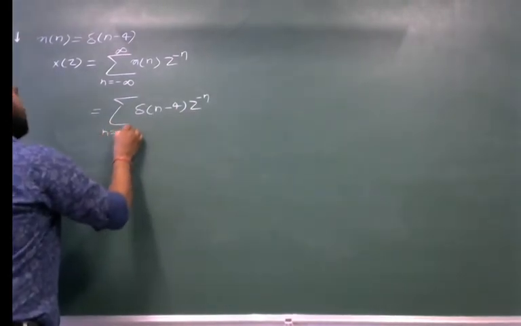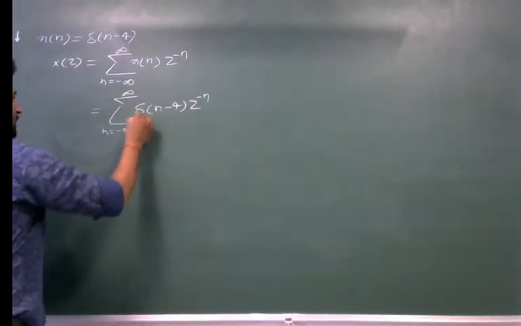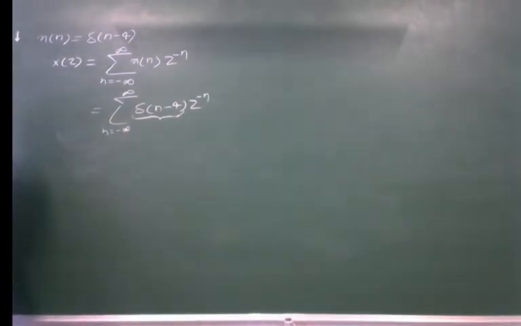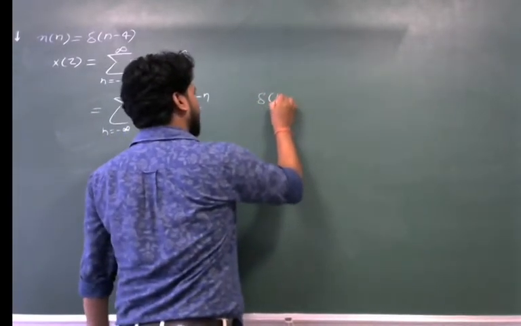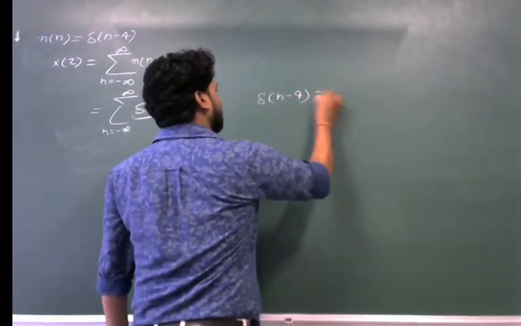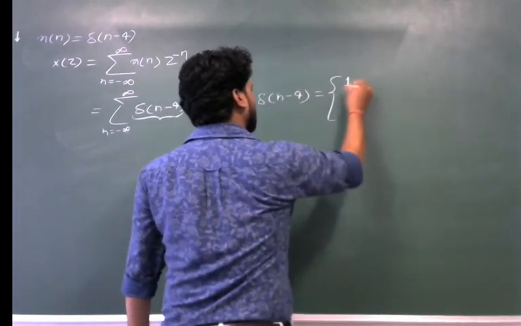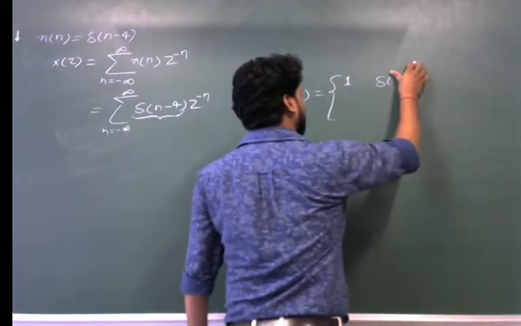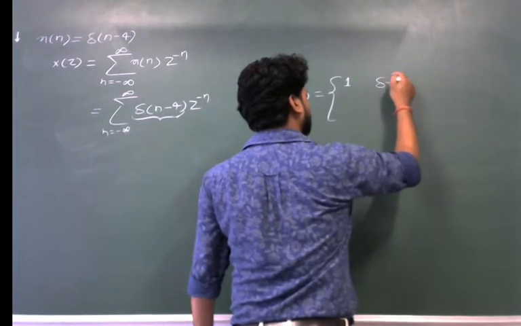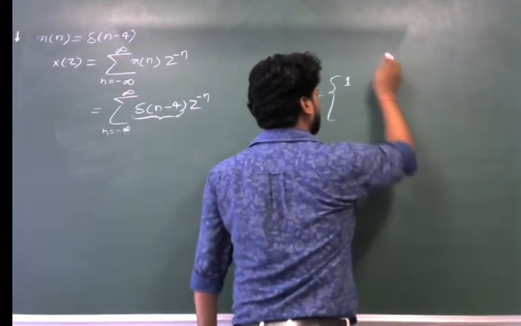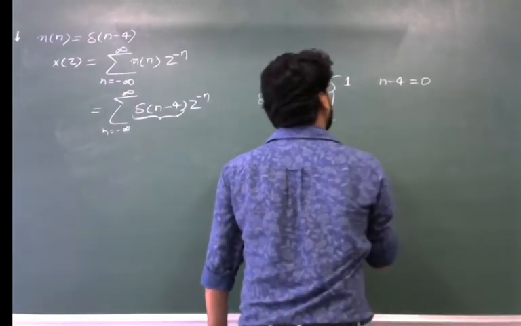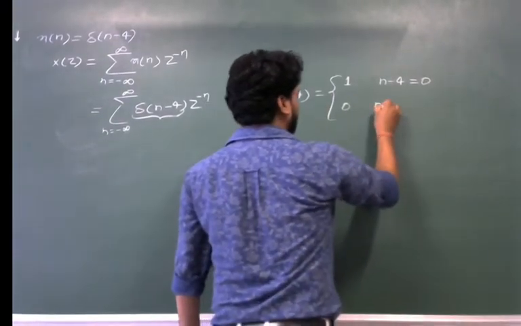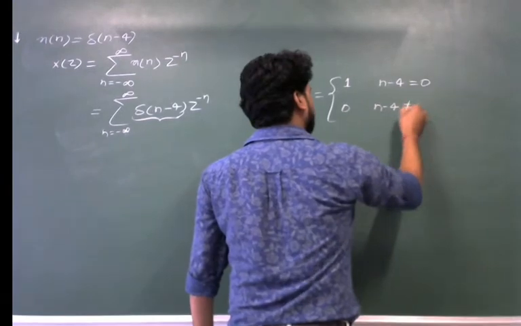Again, this is an impulse function, and this delta n minus 4 will be equal to 1 when n minus 4 is equal to 0, and it will be 0 when n minus 4 is not equal to 0.